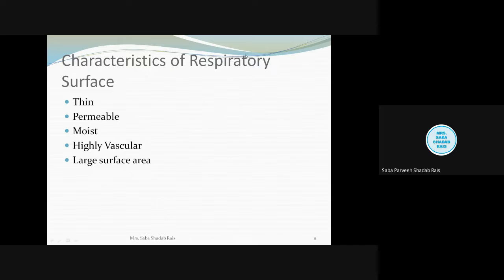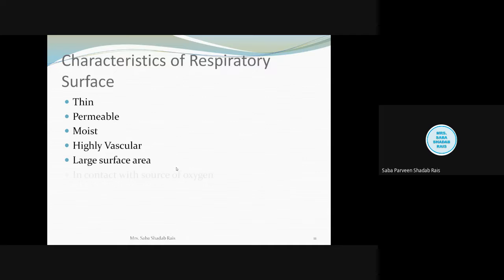So highly vascular, more and more blood vessels should come here, so that whatever metabolic waste or carbon dioxide they have brought, they can discard in a very efficient way. For that reason they should have a larger surface area, and this must be highly vascularized.